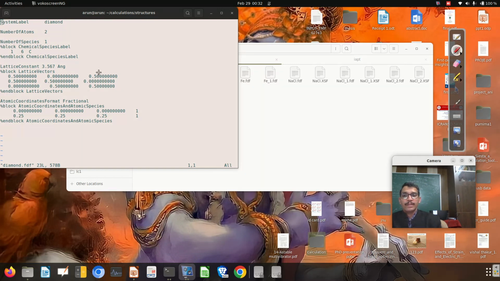This is the lattice constant, and these are the lattice vectors of the FCC lattice, and one atom is at the corner and another atom is at 1/4 of the body diagonal, which I have placed here. Similarly, when I go to another structure, where I have contained 8 atoms in the parent cell.